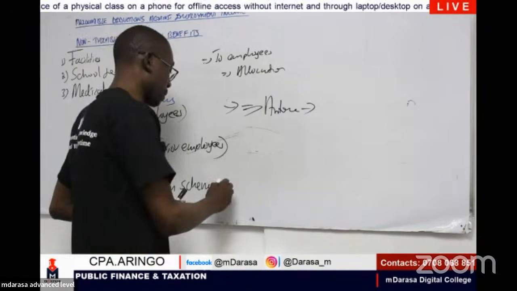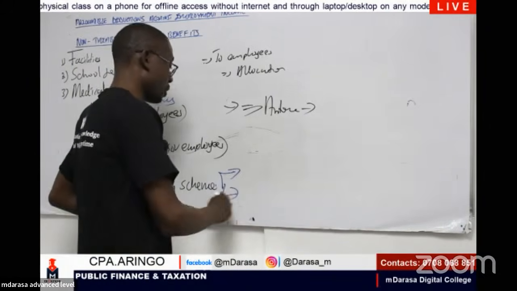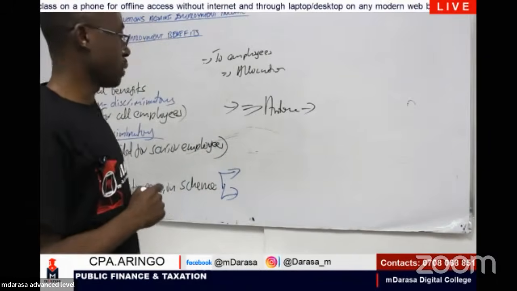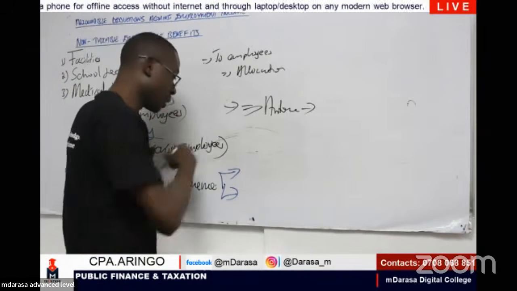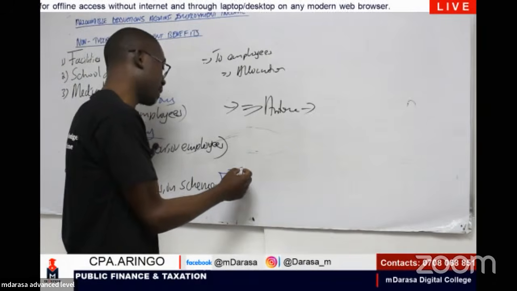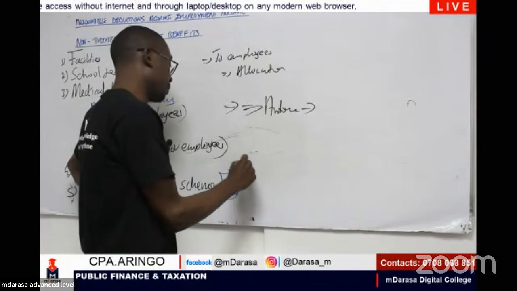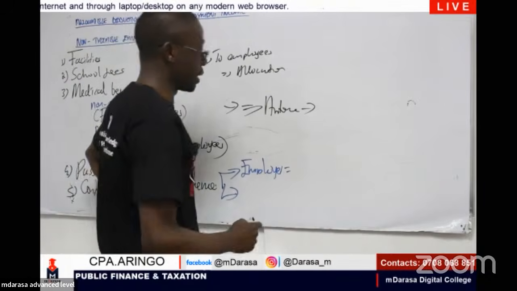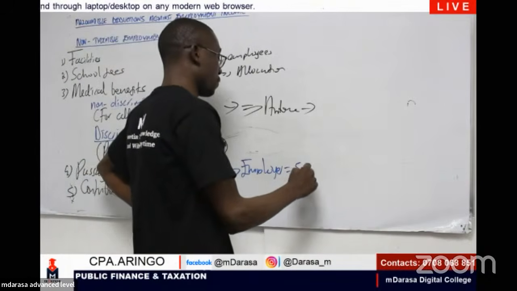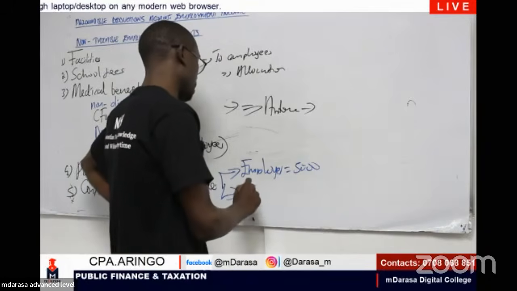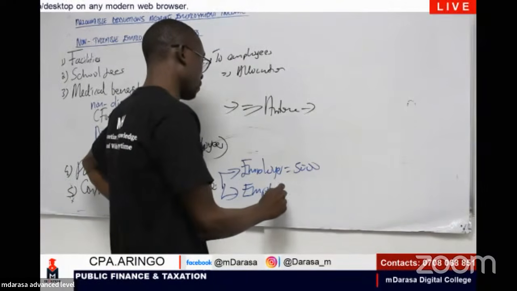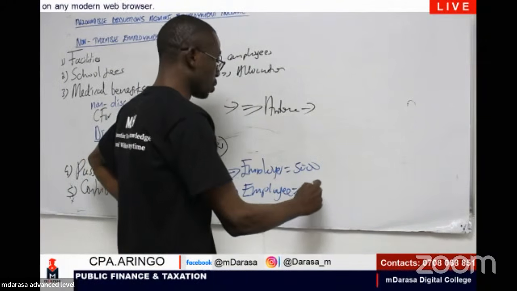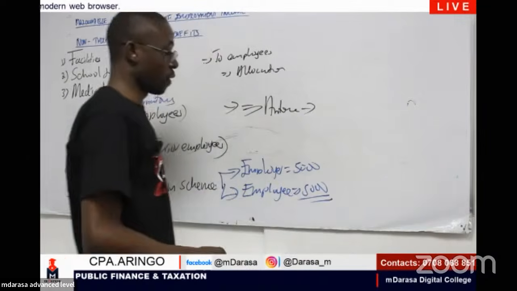So this is what will happen. You'll find that I'm contributing probably to a pension fund, right? So what will happen is that the employer will contribute for me, say a half, assuming 5,000, and I, the employee, am going to contribute 5,000.